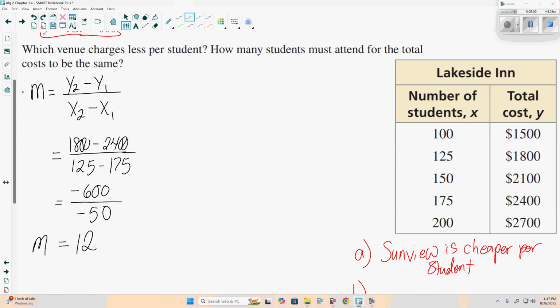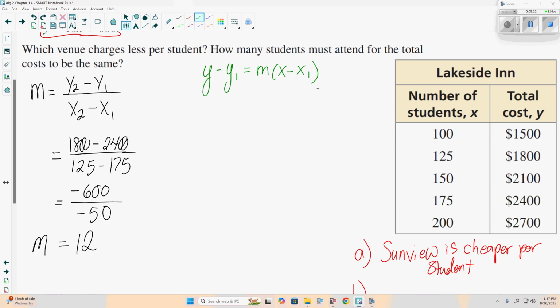Now the second part is asking how many students must attend for the total cost to be the same? Well, for us to be able to get there, we do need the equation of the line for Lakeside Inn. We need to find the equation of the line.